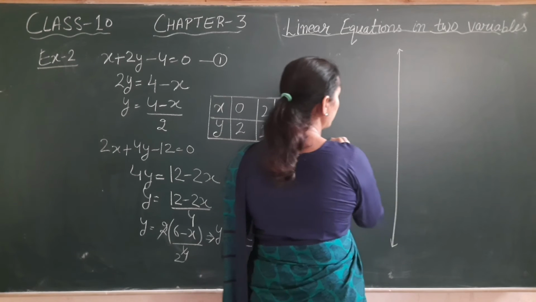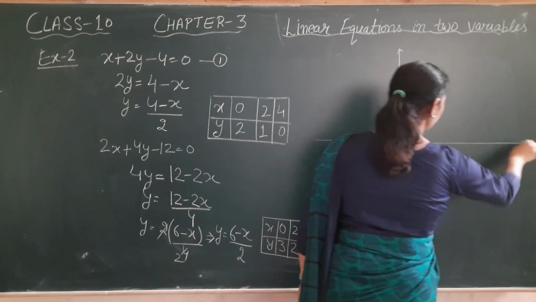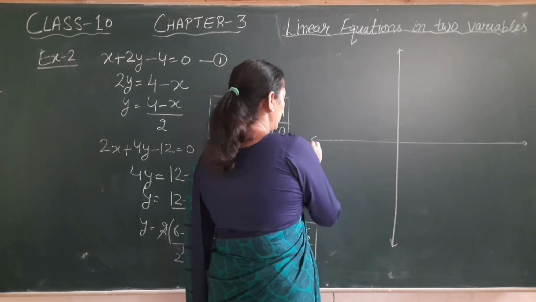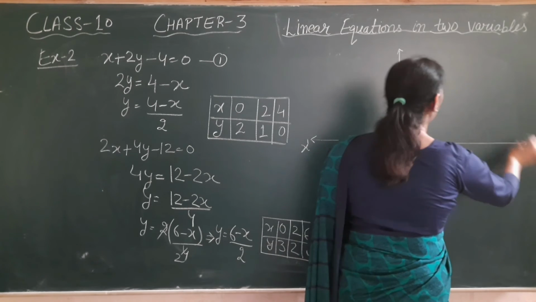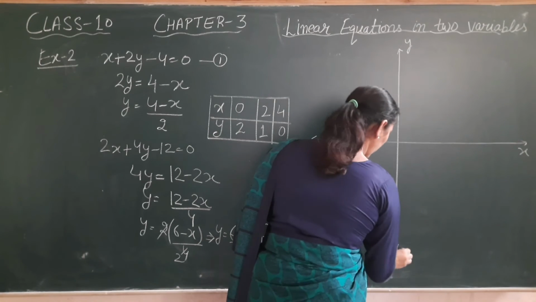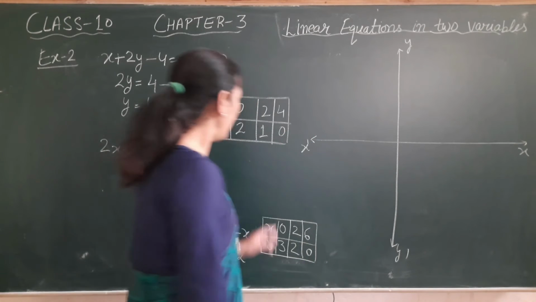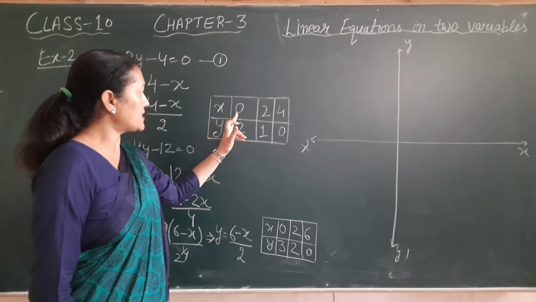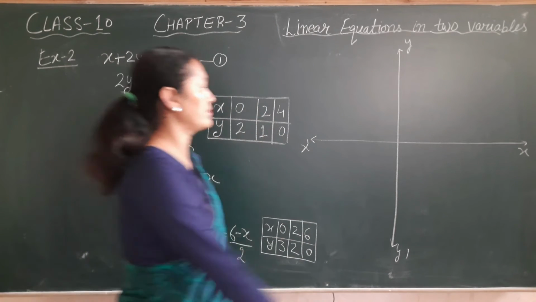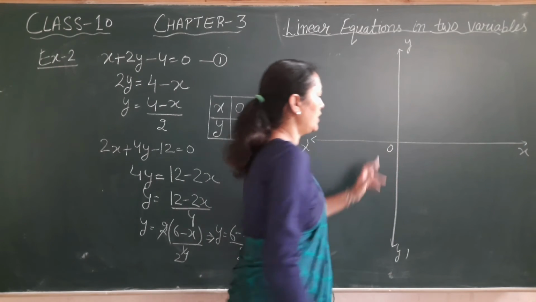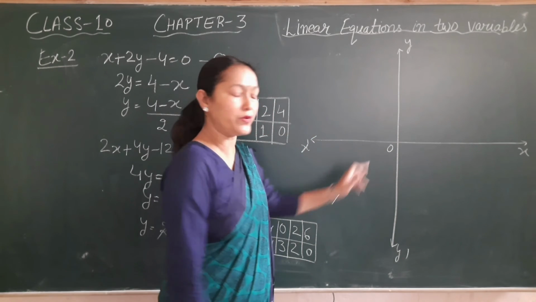Now if we have to draw these two solutions on the graph, this is x dash, x, y, y dash. What is the maximum value of x? x is up to 4, up to 6. Point of intersection, origin 0.